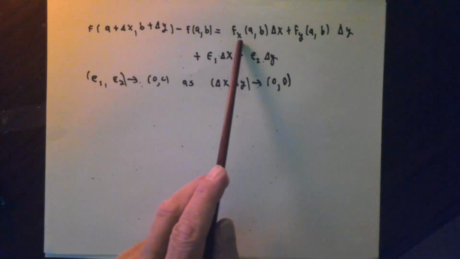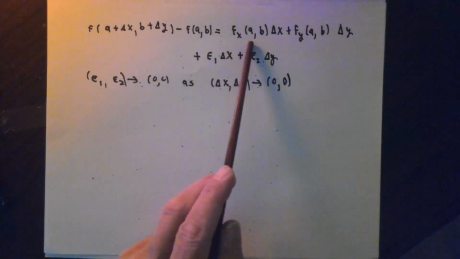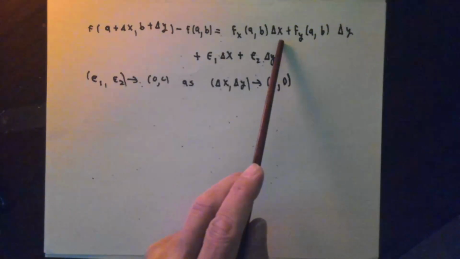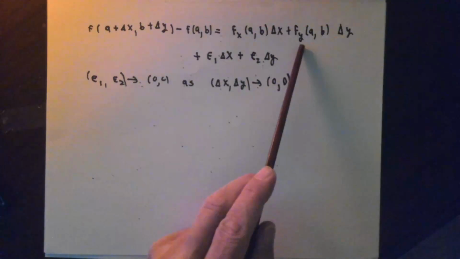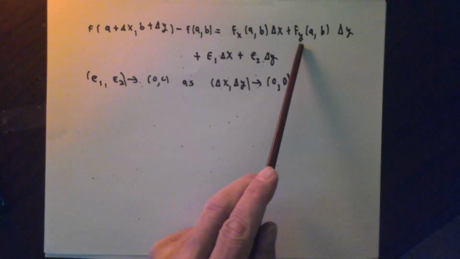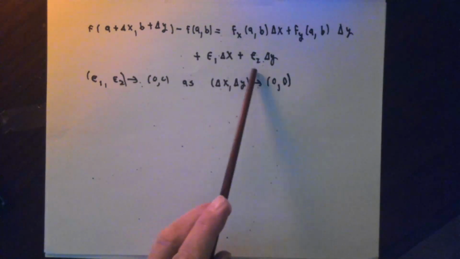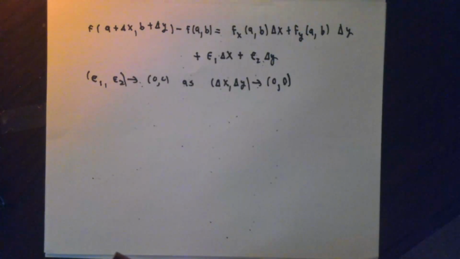is equal to the partial derivative of f at ab times how much you changed the x plus partial of f with respect to y at ab times how much you changed the y plus epsilon 1 delta x plus epsilon 2 delta y, where epsilon 1 and epsilon 2 tend to 0 as delta x and delta y tend to 0.